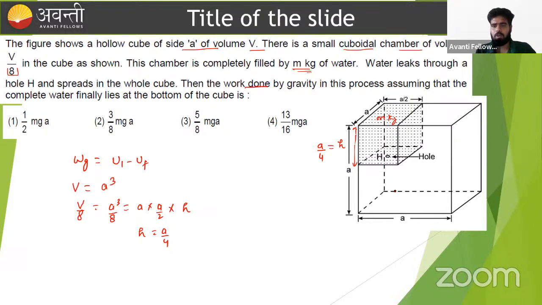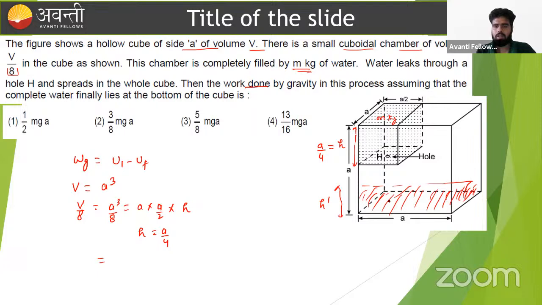If water leaks from here, after some time water attains some height on this cubical floor. So what is the final height attained by water on this surface? Say this is h dash. How can we find out this value?